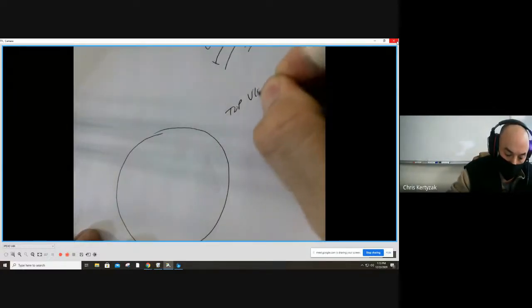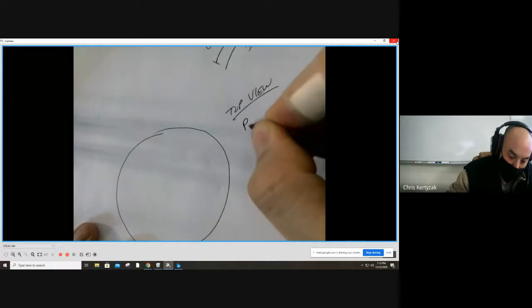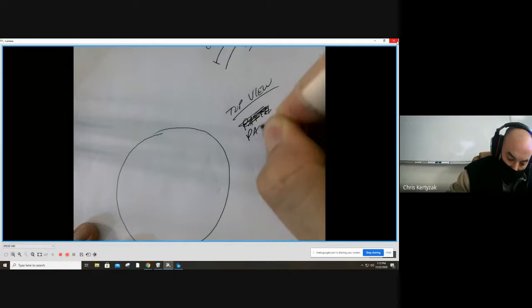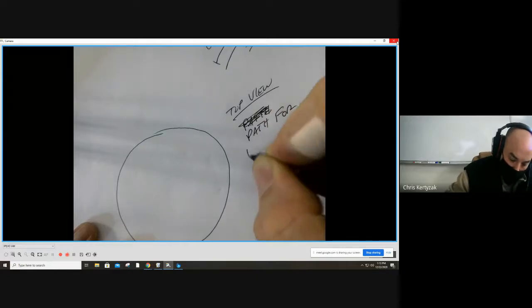Let's compare that to the same kid, who decides on the next day he's going to do the same thing. Top view, path for kid's bike.